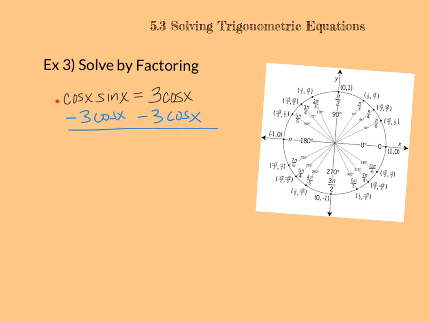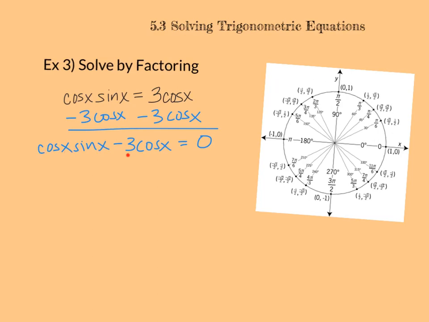These are not like terms at all. This term is a cosine sine. This just has a cosine in it. So we're going to be left with what we started with, cosine x sine x minus 3 cosine x equals 0. Cool. All right, so now I'm going to factor. Now factoring is first looking for a greatest common factor, GCF.